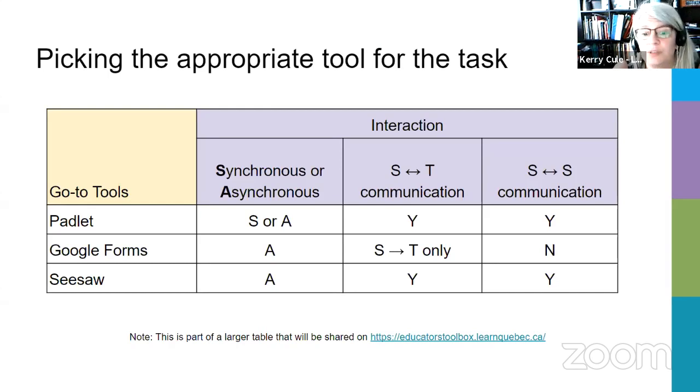In terms of student-teacher communication, Padlet has more two-way feedback, whereas Google Form is something you could easily use to gather information from the student, but communicating backwards, that feedback loop isn't really built in. You can also see that Seesaw allows for students to communicate with each other and offer feedback to one another. So depending on the task that you're looking for, you could choose a different tool.